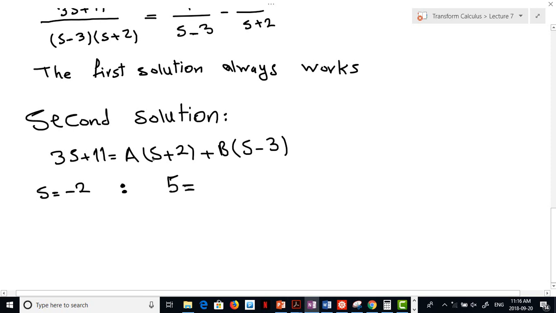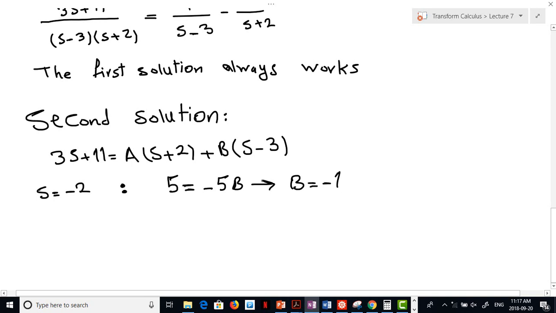It's equal to, on the right hand side, minus 2 plus 2 is 0, 0 times A is 0. As a result, A is gone. The only thing left is B times (s - 3). S is minus 2, minus 2 minus 3 is minus 5. So it's equal to minus 5B. As a result, B is equal to minus 1.